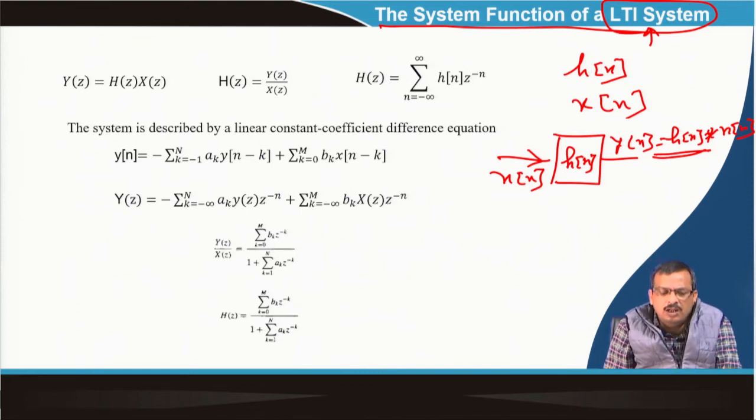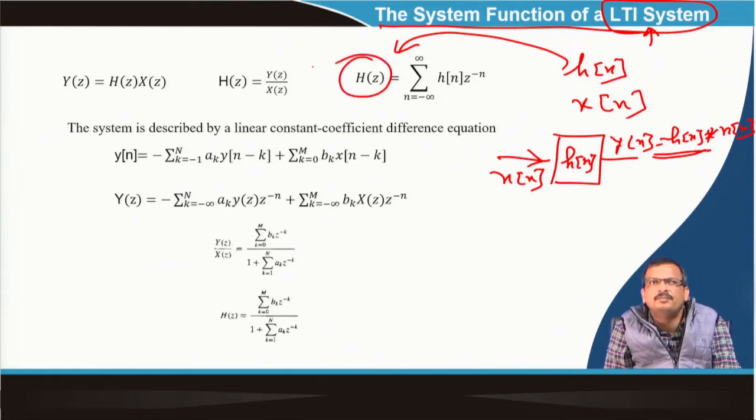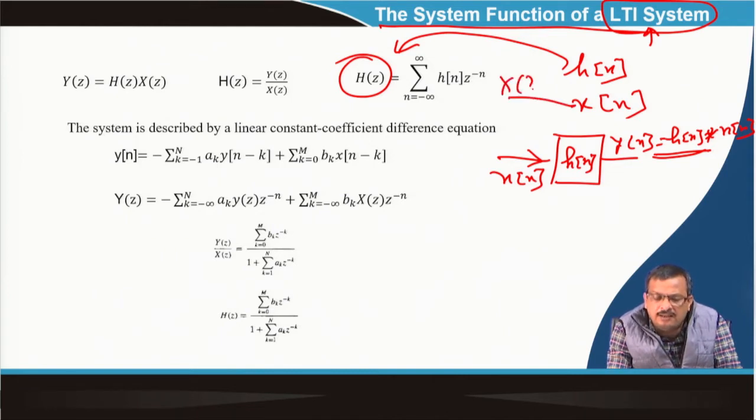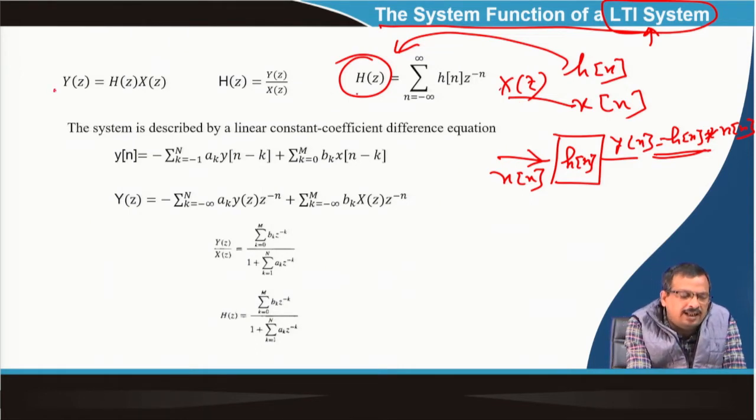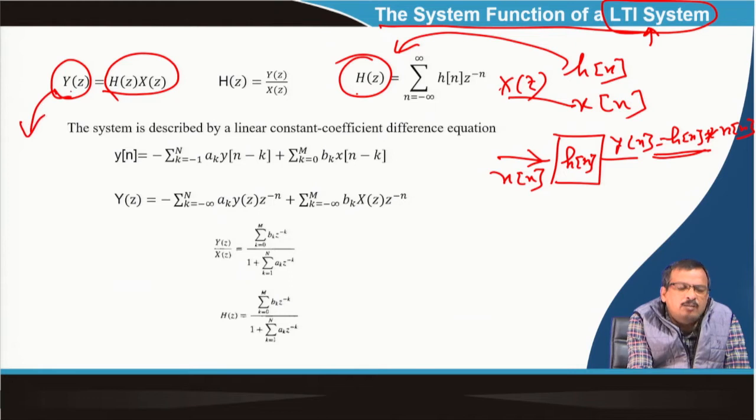What should I do? I simply take the z transform of h[n], I get H(z). I simply take the z transform of x[n], I get X(z). Now, if I have X(z) and H(z), I can get Y(z) by just multiplying H(z) and X(z). Then suppose I want to get y[n], I take the inverse z transform of Y(z), I will get y[n].